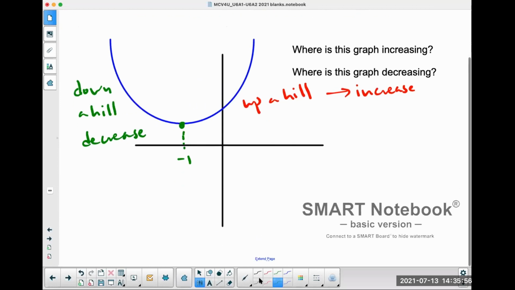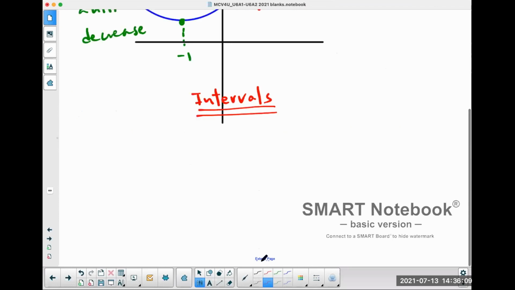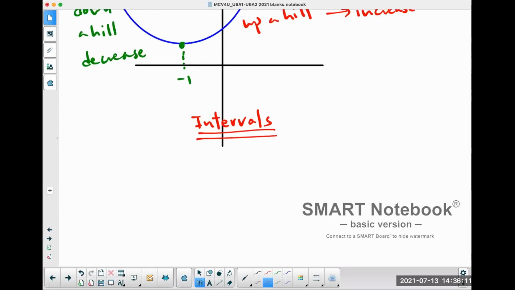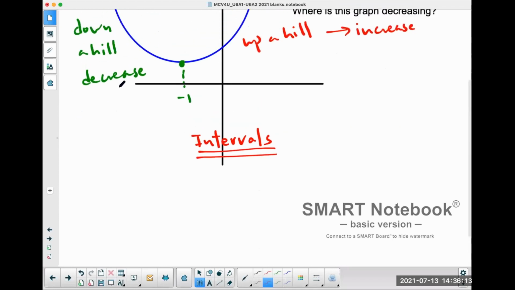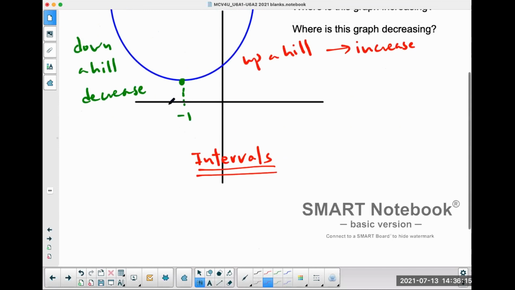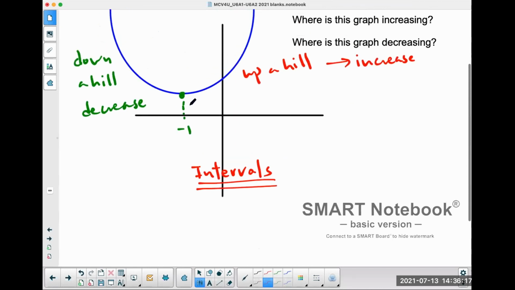And we have to describe that in what we call an interval, because it's not a particular point. So we have to describe that using interval notation. So we can say the graph is decreasing before x equal to -1, and the graph is increasing after x is bigger than -1.